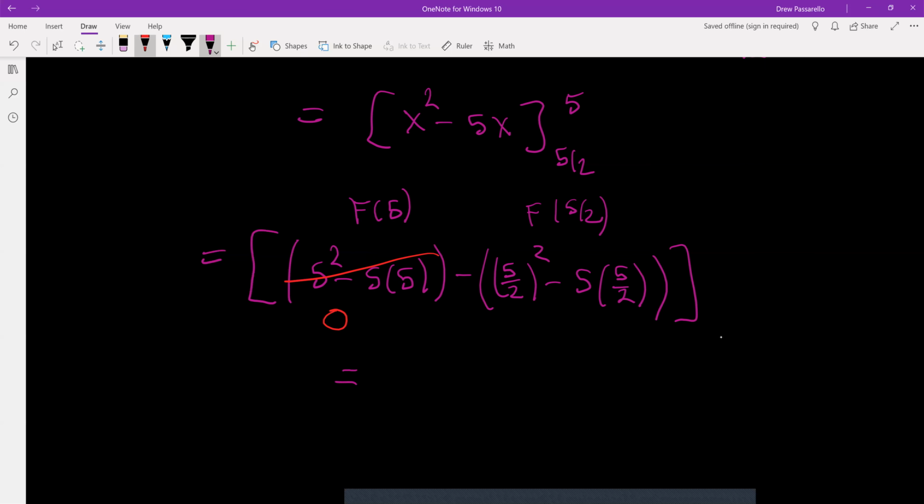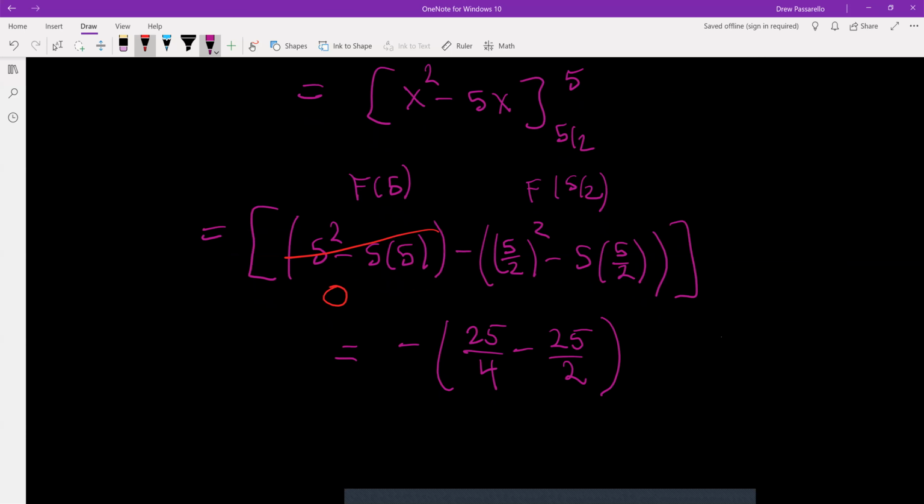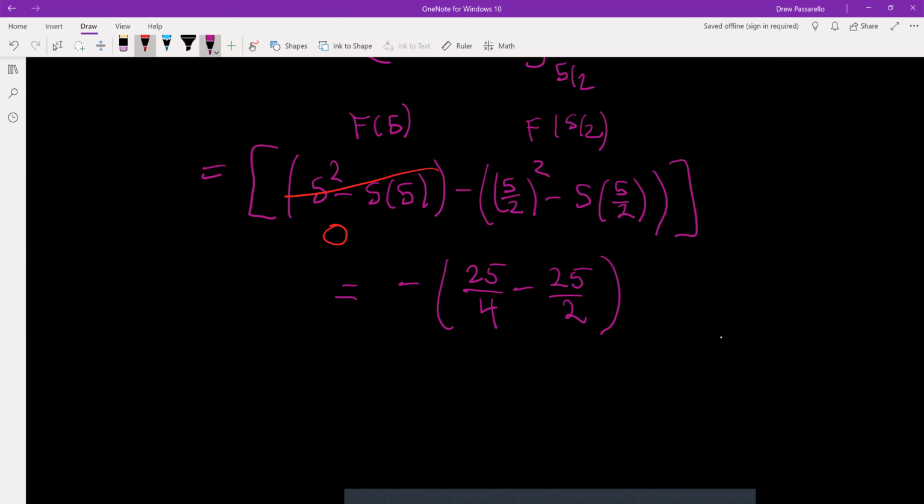And then it's going to be equal to, let's see, negative times 5 halves squared. That's 25 fourths, and then minus 25 halves. So that's minus times negative 25 fourths.